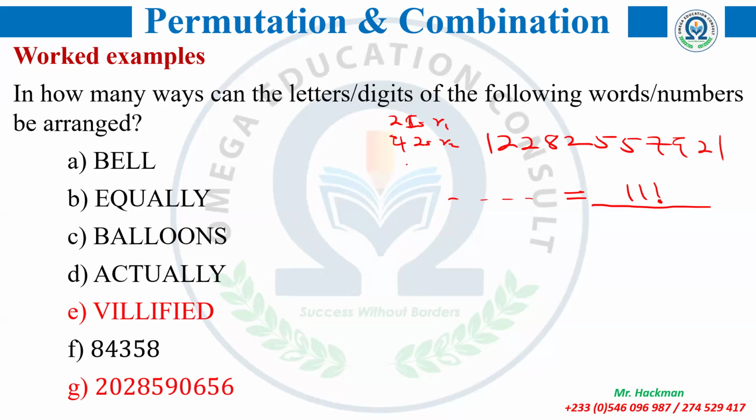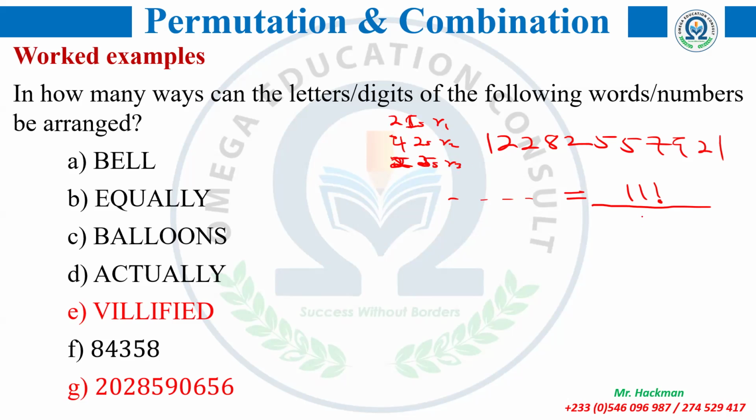Yes, sir. Okay, so any other duplicates? I can see 5. How many of them? Also 2. So 2 5s. Let me write it here, 2 5s. So ours are 3.